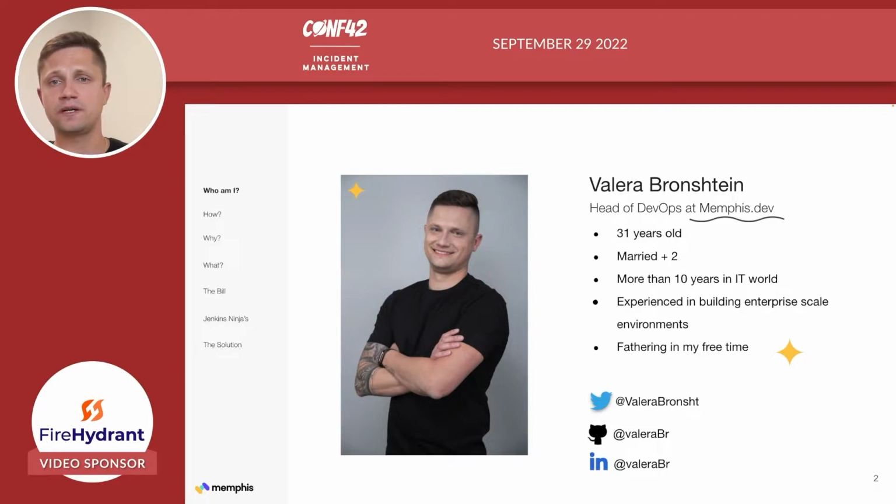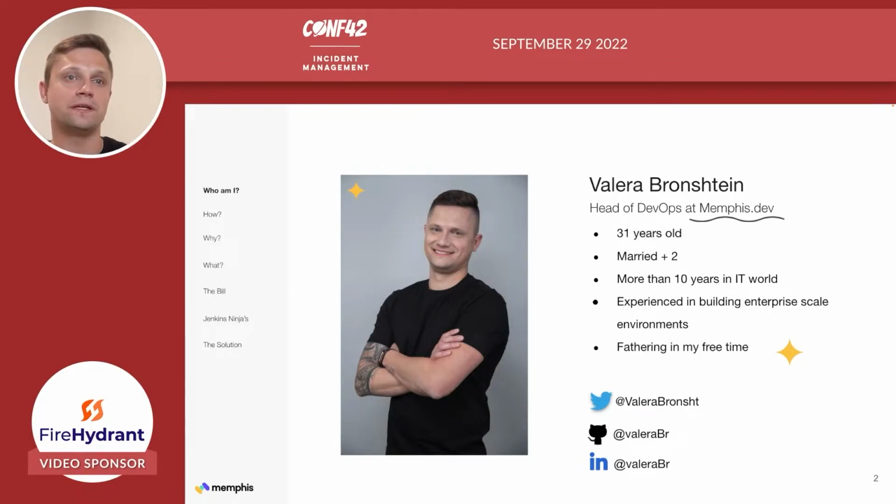I am 31 years old, married with 2 wonderful kids, with more than 10 years in the IT world. Through my career I started as a Linux administrator, storage administrator, consultant, senior consultant, solution architect, and where I am today, head of DevOps at Memphis Dev. So, enough about myself.